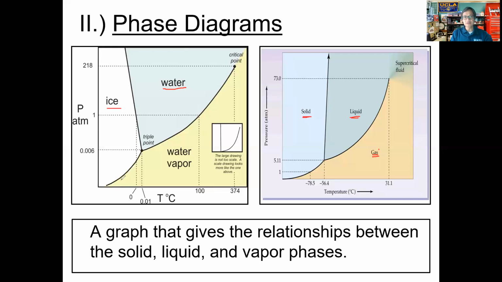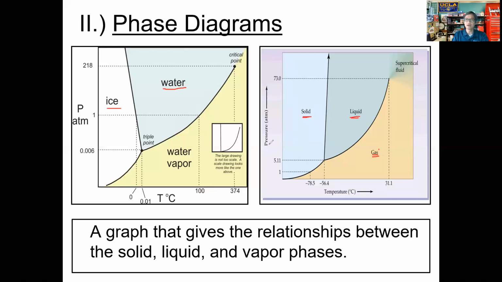And then this line right here separates the region of the graph that we refer to as the solid from the gaseous state. Those are the key characteristics you need to keep in mind as we move forward. I've run out of time here, but on Tuesday I'd like to take a little bit of time to finish up these phase diagrams. What you can notice is that there are essential components of a phase diagram.